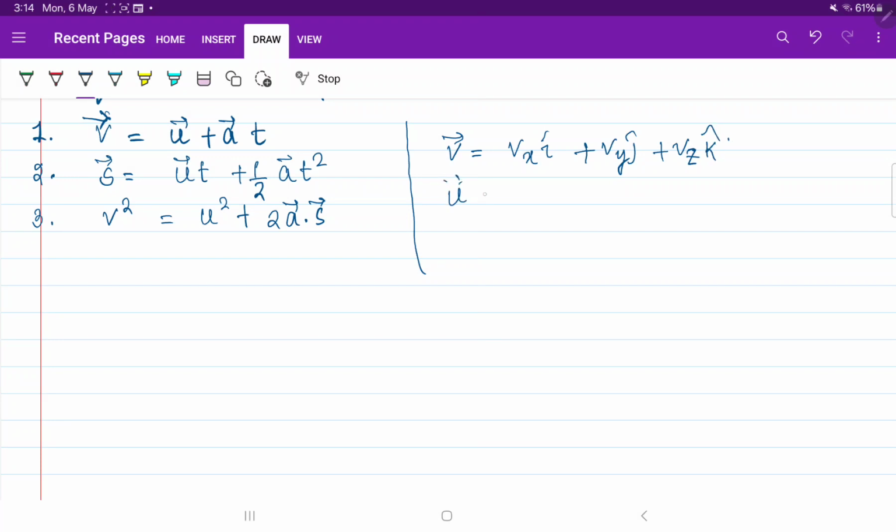Similarly, u vector, which is the initial velocity, and v vector, the final velocity, so u can also be written as ux i cap plus uy j cap plus uz k cap. i cap, j cap, k cap are the three unit vectors in the direction of x, y and z respectively.